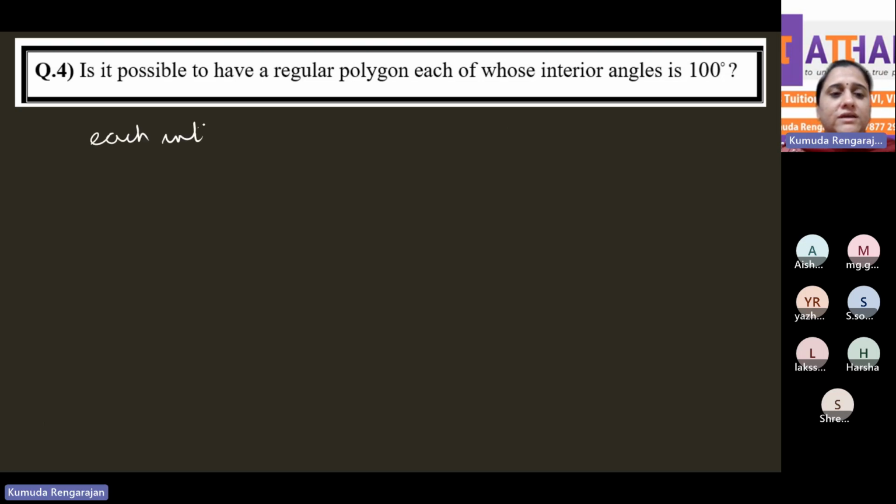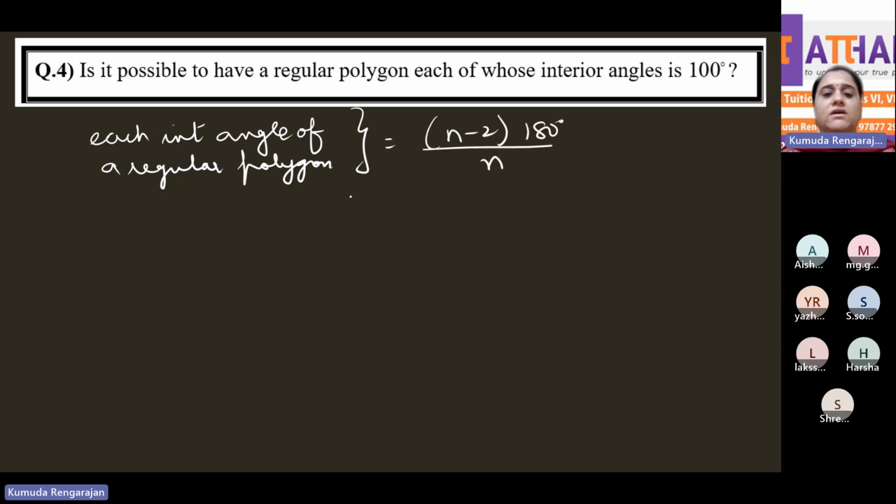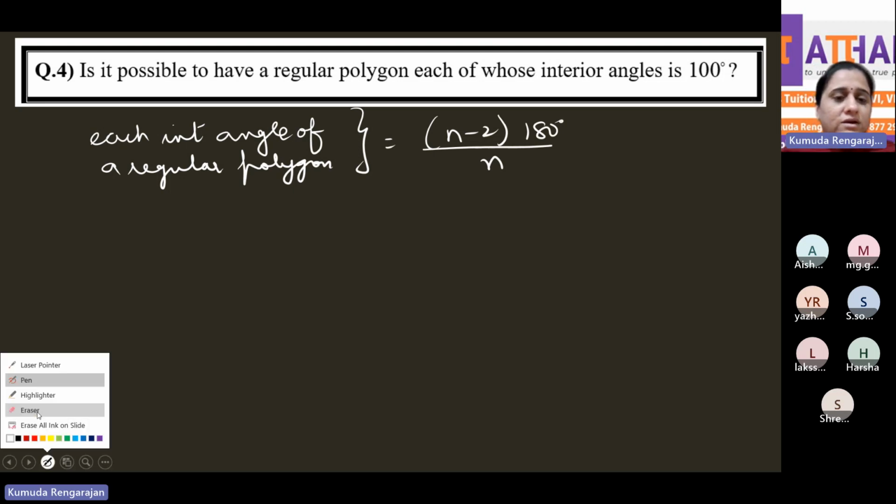Each interior angle of a regular polygon is given by (N minus 2) into 180 degrees divided by N. Okay, so here it is given to be 100 degrees.